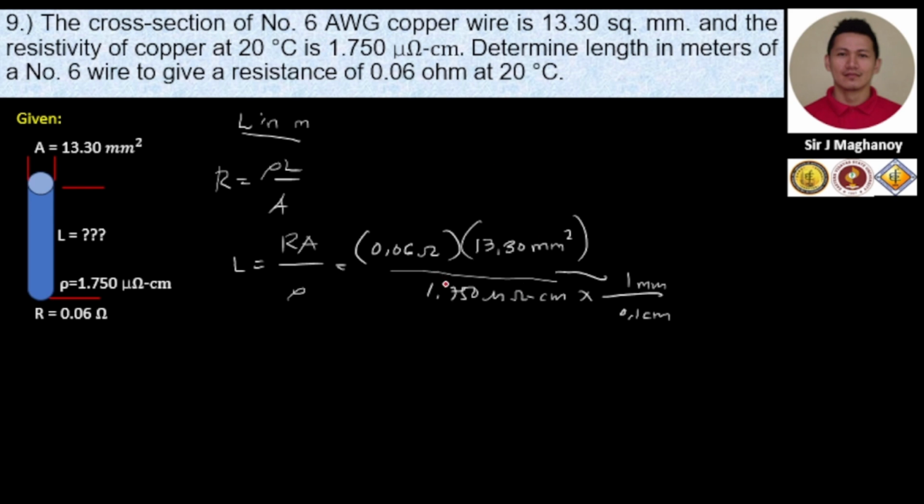Our unit here is ohms, so micro ohms. We cancel out the ohms, the square millimeter, the millimeter, and the centimeter here. Instead of writing micro ohms in symbol, we can rewrite it as times 10 raised to negative 6.